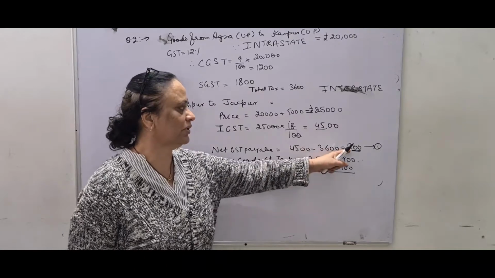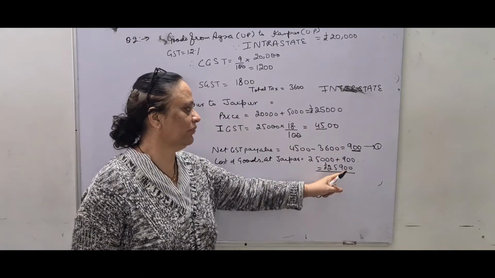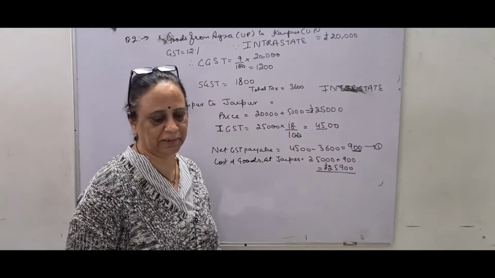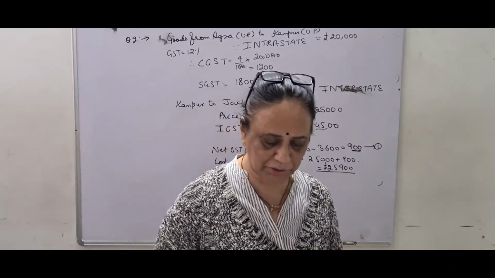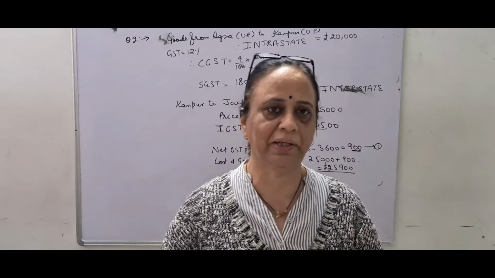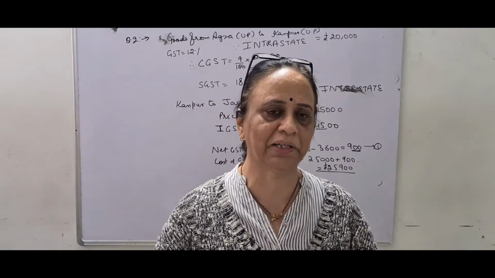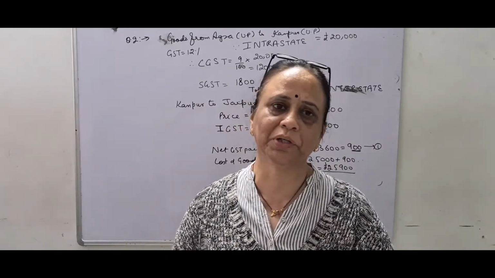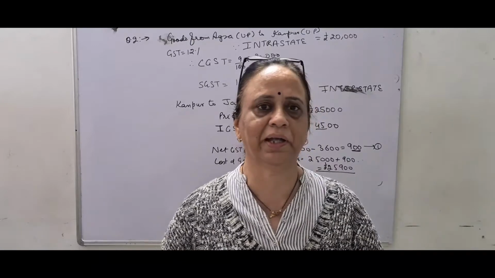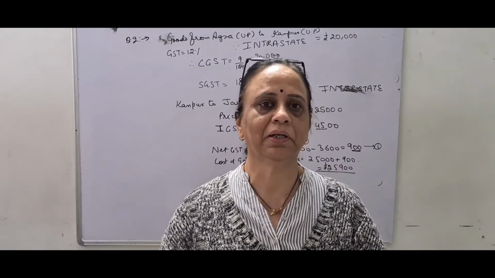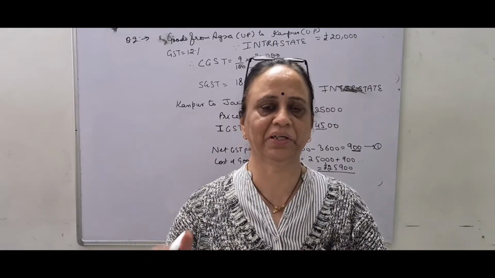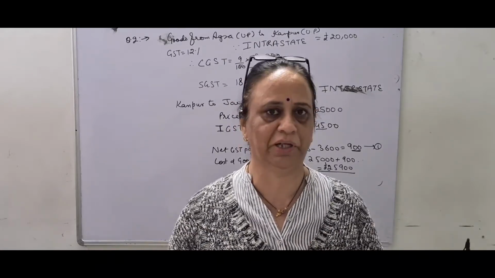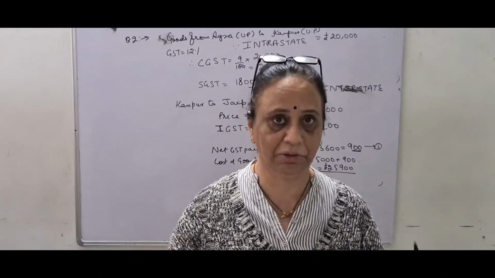So 900 was the money he had to pay further to get that particular thing under his wing. So you understood how you calculate ITC, input tax credit, output tax, and how to calculate tax liability on a particular thing. Output tax minus input tax credit, and if it is an end user, there will be no output tax for it. It is always 0.